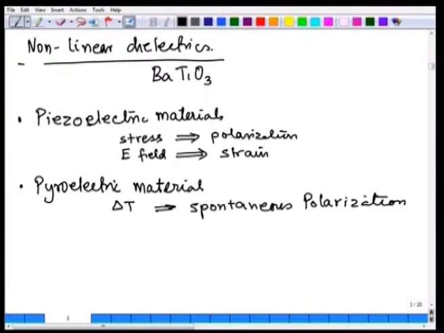As opposed to the piezoelectric case, where you apply stress and then you will have polarization, but if you do not apply it, there will be no polarization. Whereas in this pyroelectric material, if you apply temperature gradient, if you change temperature, then it will result in a spontaneous polarization. That means it is permanent in nature. Even when you remove delta T, some polarization may remain in the material.